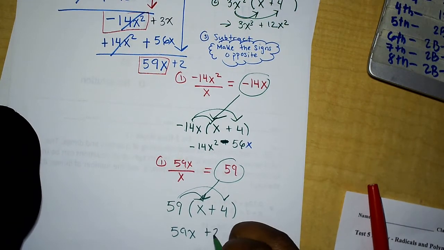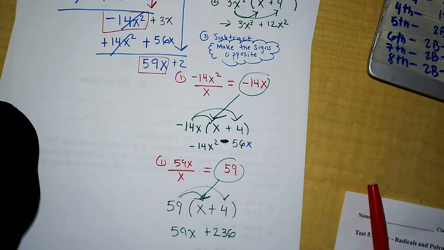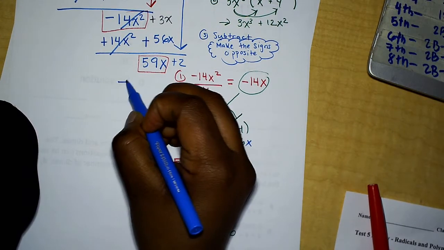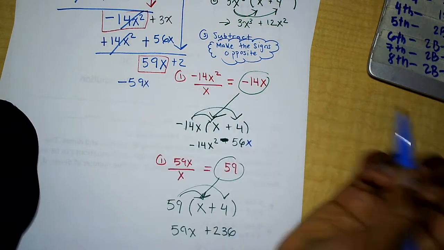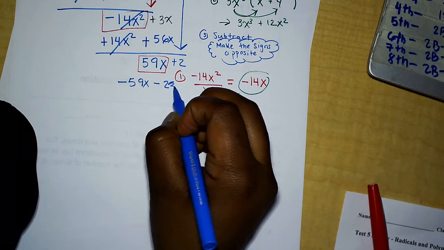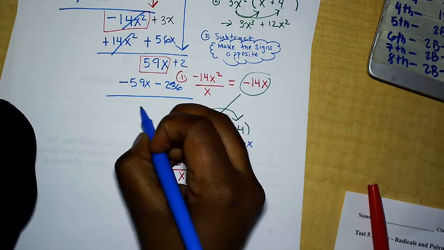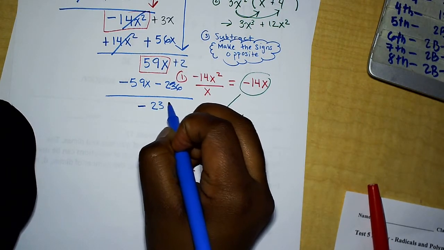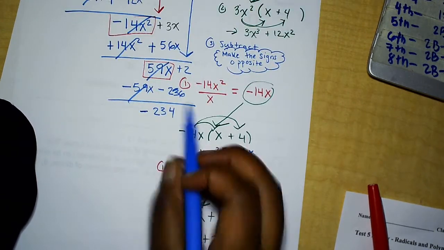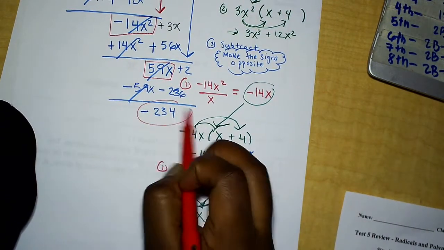So this will be plus 236. Now we're going to subtract. So remember, we got to make our signs opposite. So I'm going to have minus 59x and minus 236. And this will give me negative 234. And now this is my remainder.